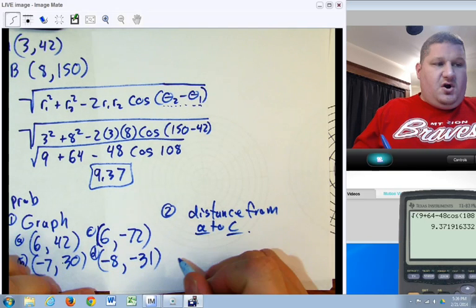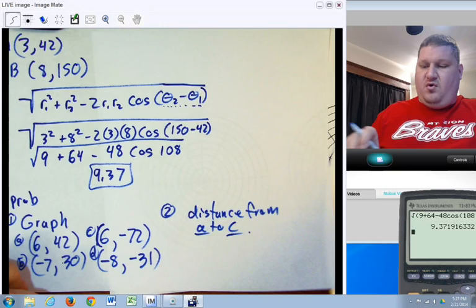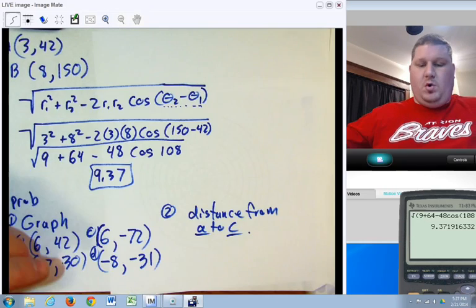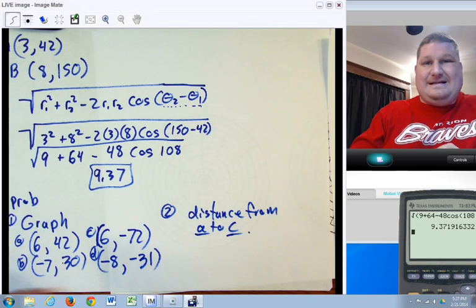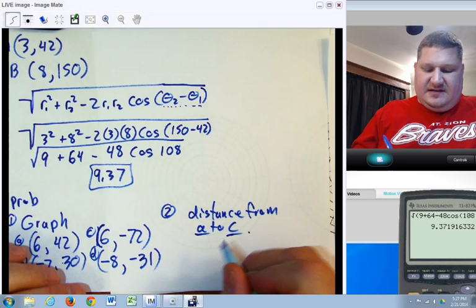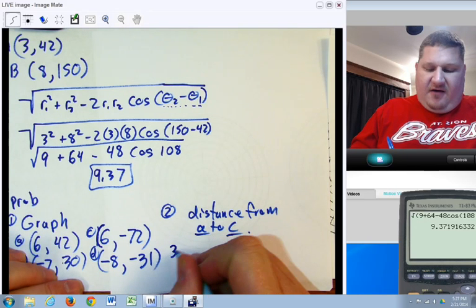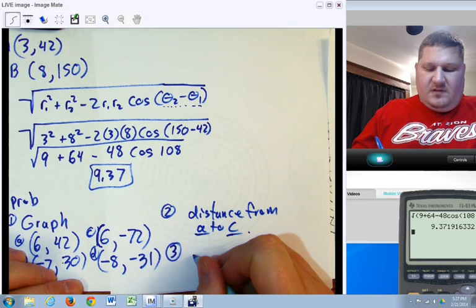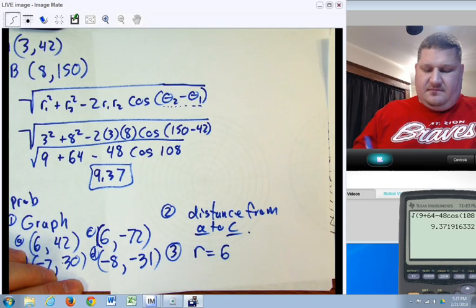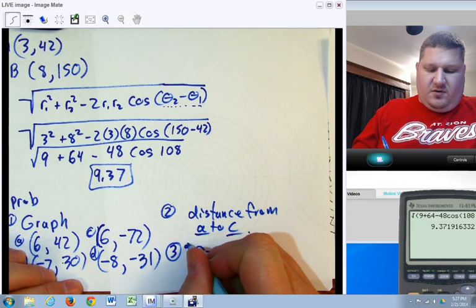We could also, instead of just graphing points, graph actual whole graphs. Just like we graph a line or a parabola or a cubic function on a set of axes, you can graph the following. A: r equals 6. That's one equation to graph.